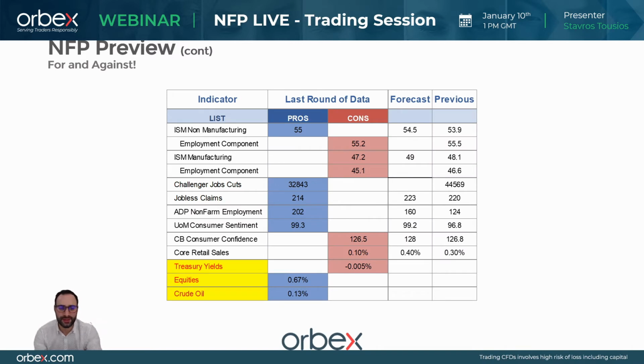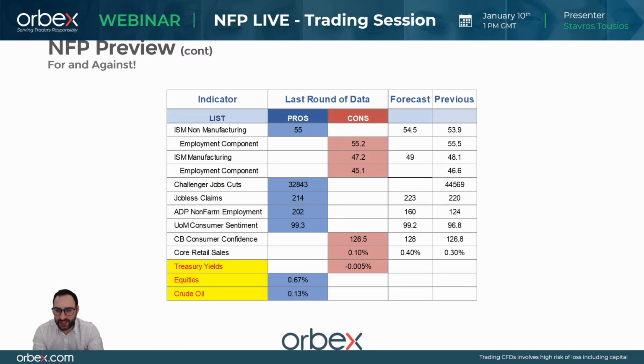Now, I've put together a table listing all the indicators together, lagging and leading as well, right? So we can see what data are supporting a good NFP for the December release and what data are supporting a bad NFP, right?